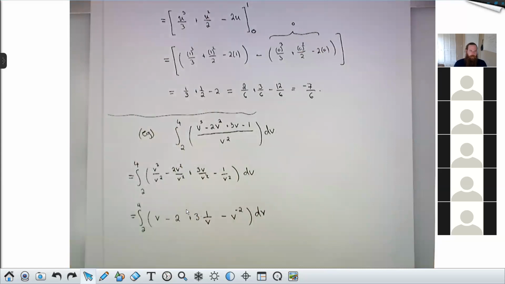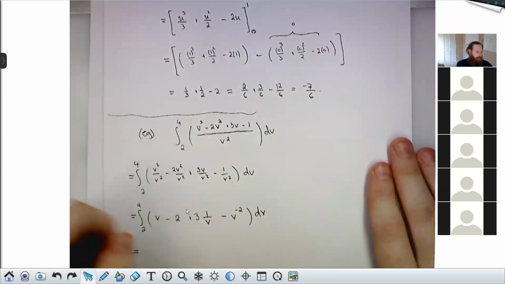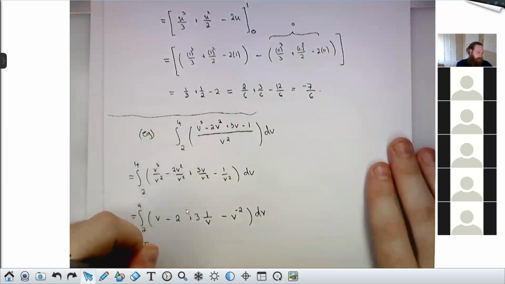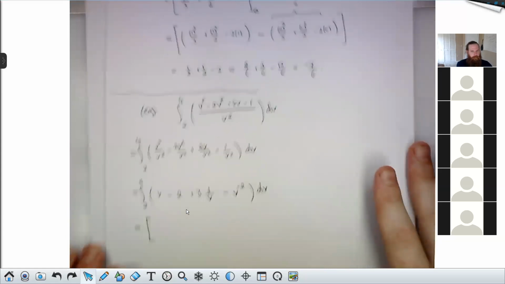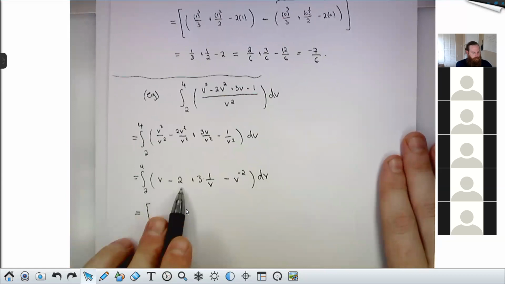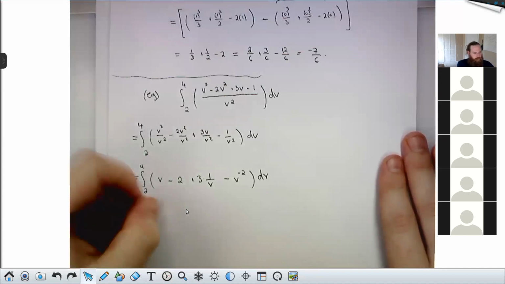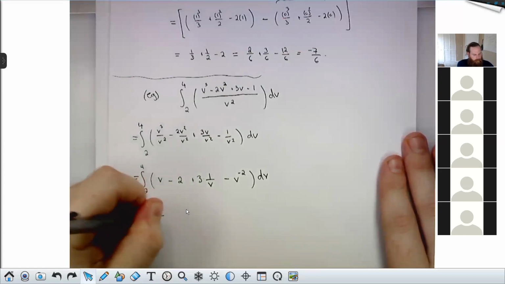So who can help me with an antiderivative? This piece, and this piece are all straight power rule things. This piece requires something special. An antiderivative for v is v squared over 2.